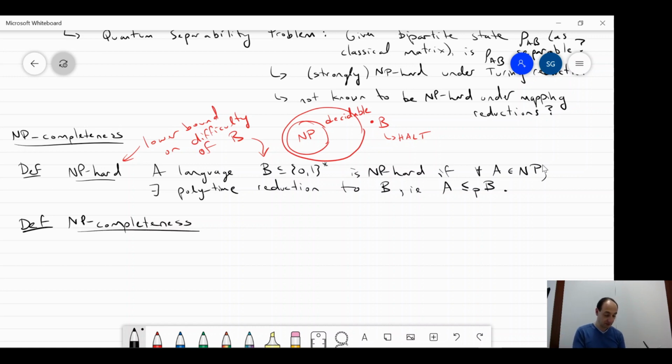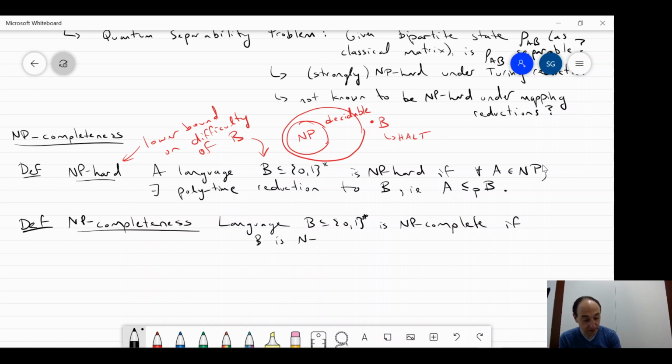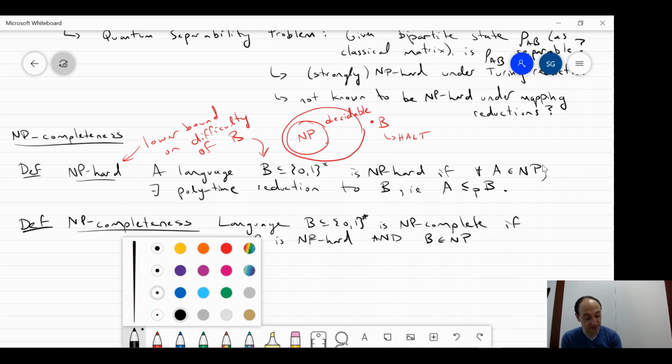So we say that a language B is NP-complete if B is NP-hard, so just like before, that's our lower bound of difficulty, it's at least as hard as anything in NP, and B is actually in NP. So you're exactly as hard as NP.